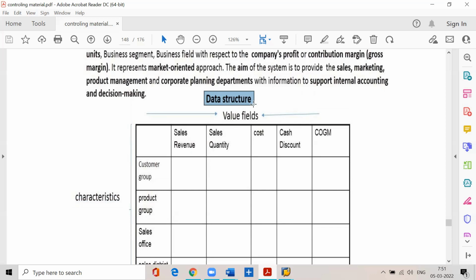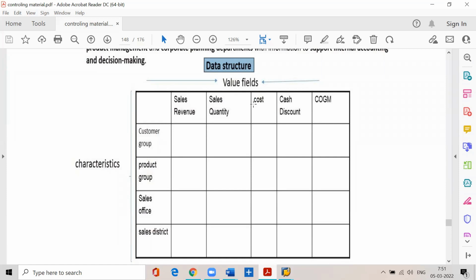Then we do some settings whereby whenever and wherever the relevant values are posted in any module in SAP, these values will be taken and stored into these data structures.